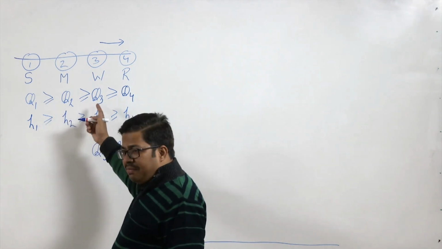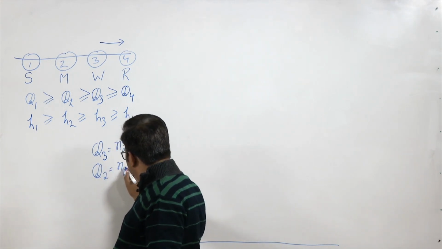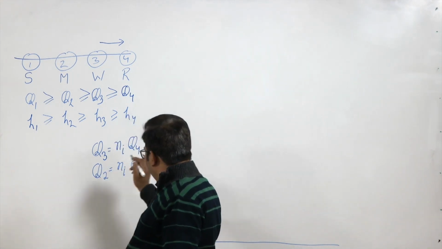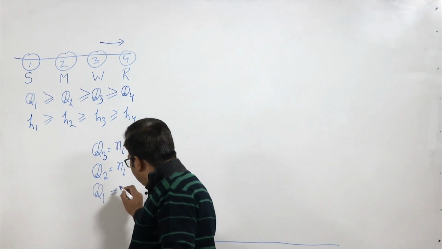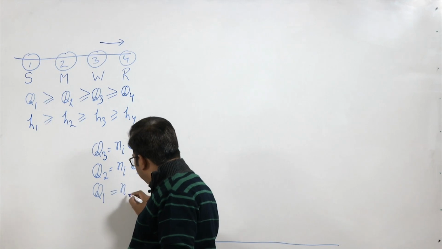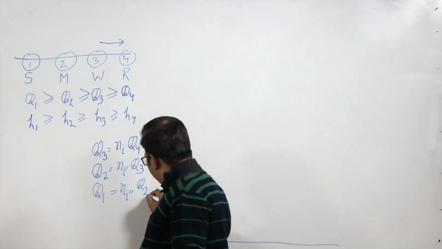Q2 should be some multiplier of Q3, and so on. Q1 should be some multiplier of Q2.